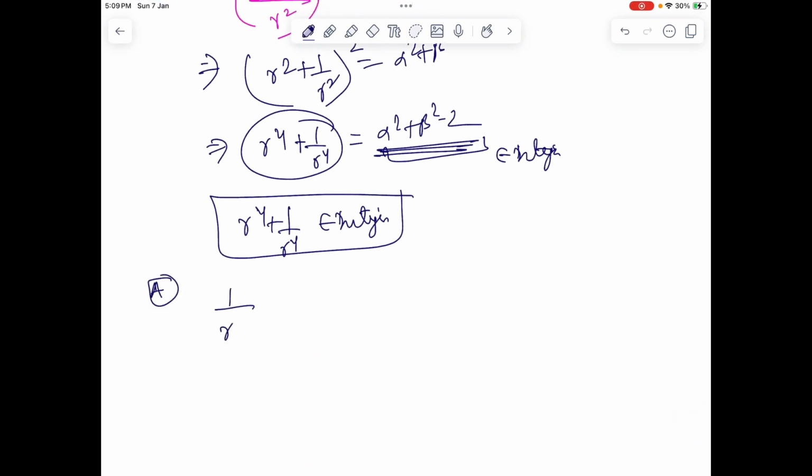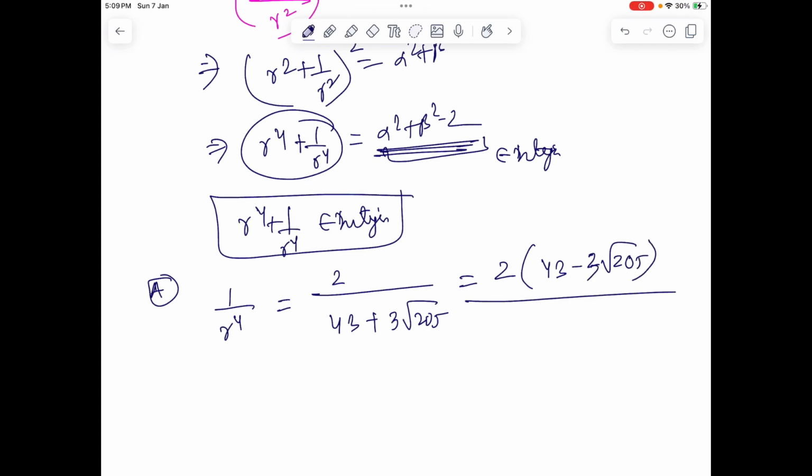If I go on checking, 1/r⁴ is basically 2/(43 + 3√205), which let's rationalize. Multiply by 43 minus 3√205, over 43² minus 9 into 205.